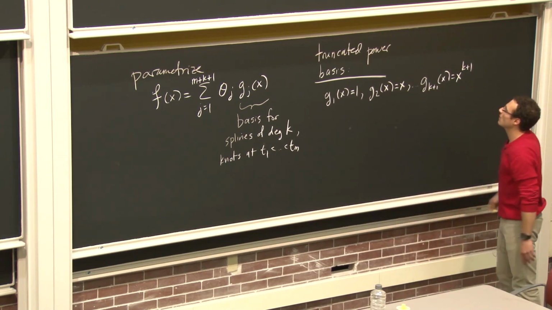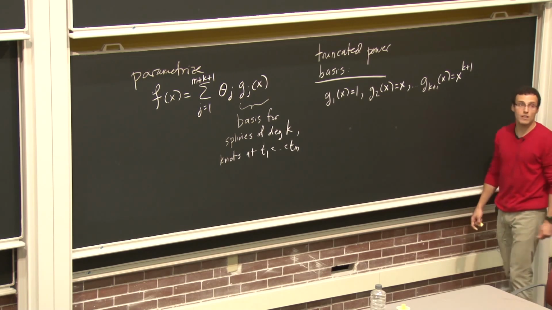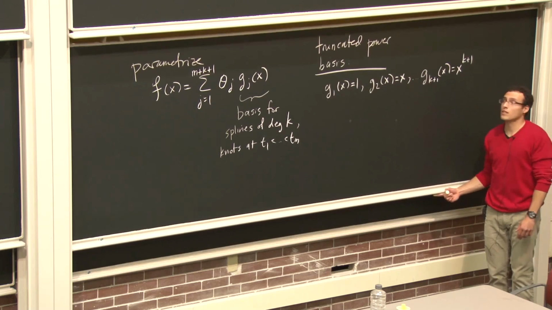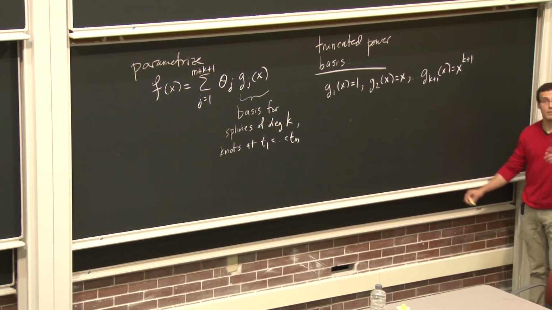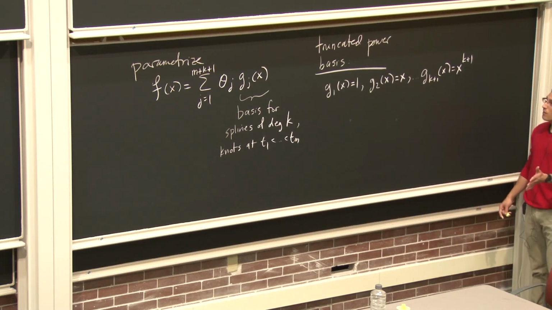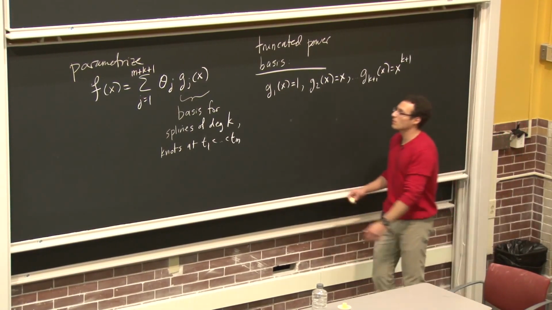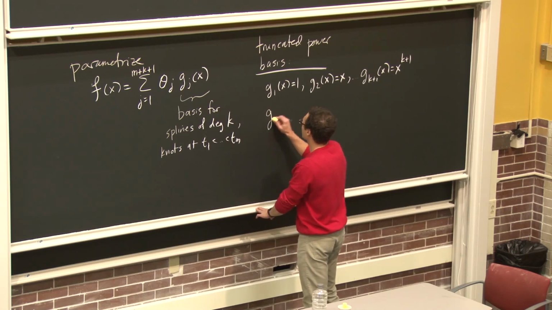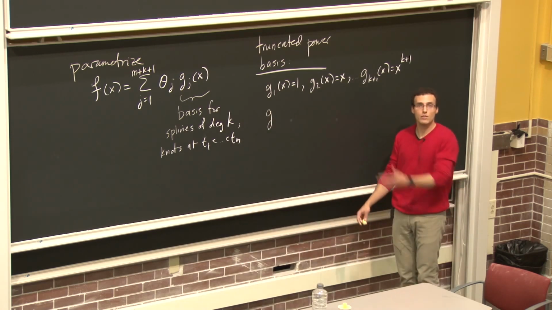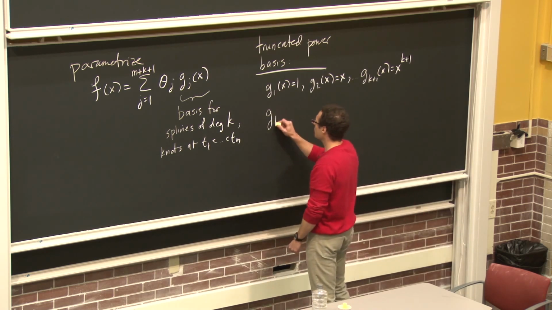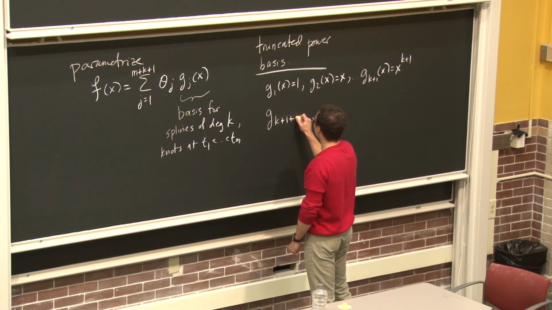So if I just included these functions, then I'm saying I'm going to model f as a polynomial function of x. So it'd be like doing polynomial regression rather than linear regression, right, in one dimension. But we're going to go beyond that. We're going to include not only these functions in our basis, we're also going to include what you might call the knot producing functions. So these ones aren't piecewise polynomials, they're just polynomials, right? We're actually going to go beyond that and include these functions.